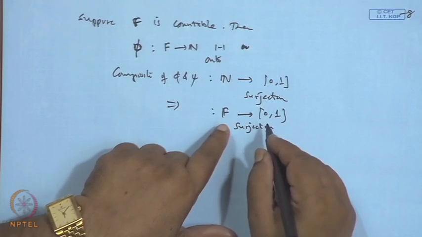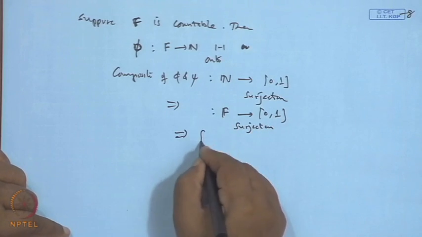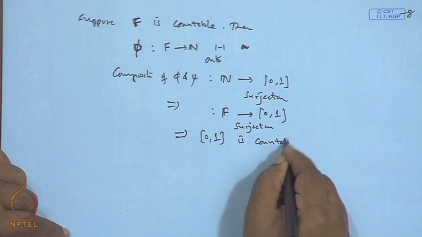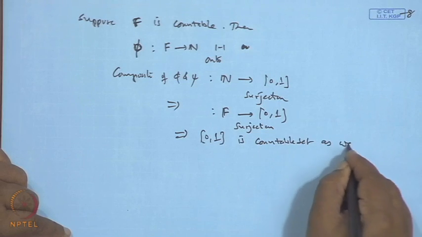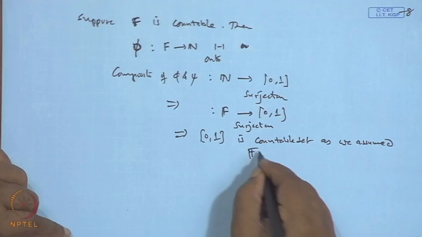Once it is a surjection, since we have assumed F to be countable, this implies that [0, 1] is a countable set, as we assumed F is countable.